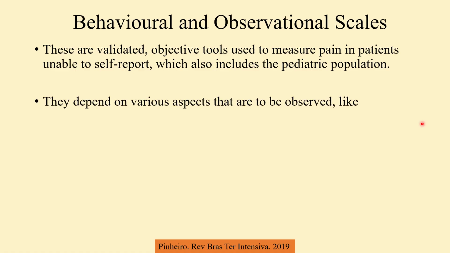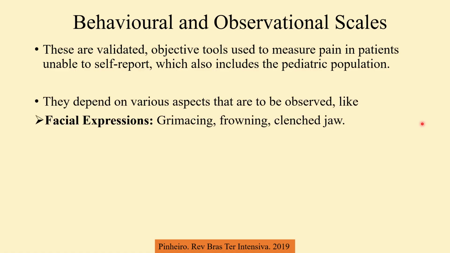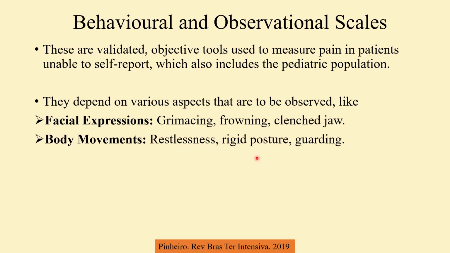Basically, various aspects are observed. For example, you have facial expression. Whenever you're doing some movement and the patient is not themselves telling you whether there is pain or not, you can look at the facial expression, whether there's grimacing, frowning, or a clenched jaw. That gives us an observational interpretation.